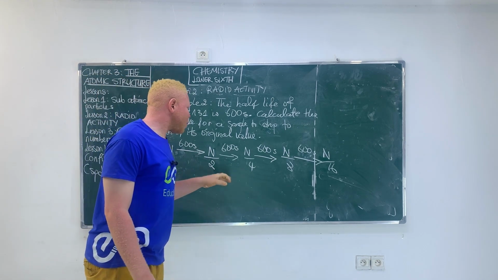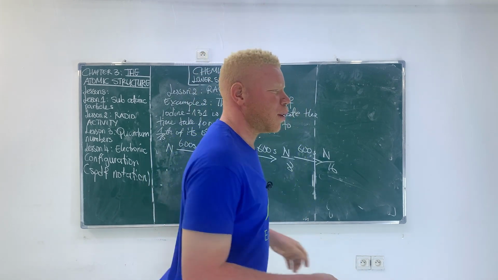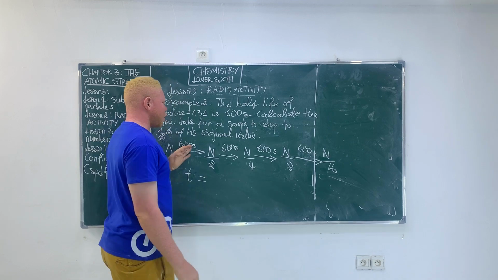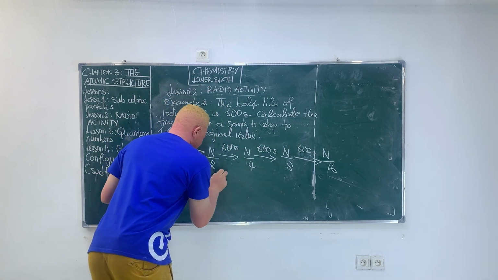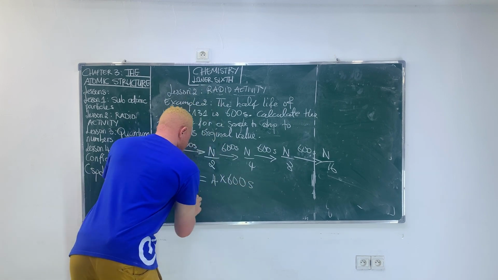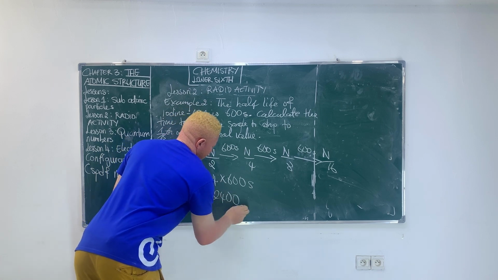Now we add the time up. So t equals 1, 2, 3, 4, so 4 times 600 seconds. So t equals 2400 seconds.